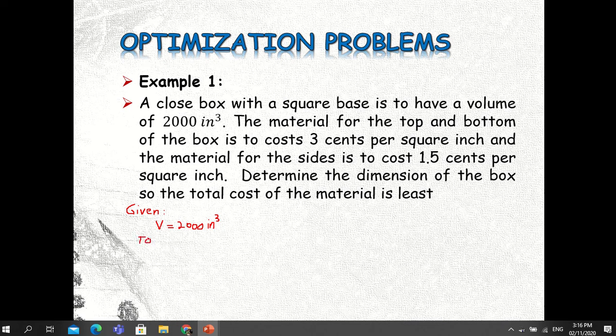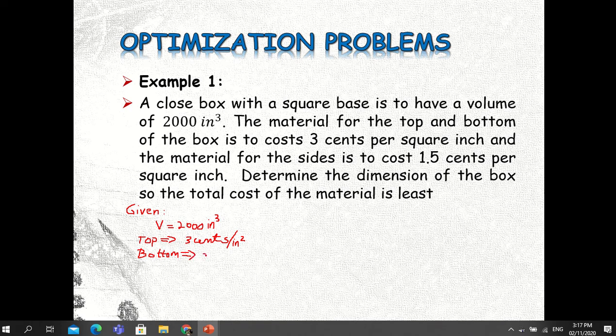So the cost of the material for the top of the box is 3 cents per square inch. And for the bottom, it's the same.